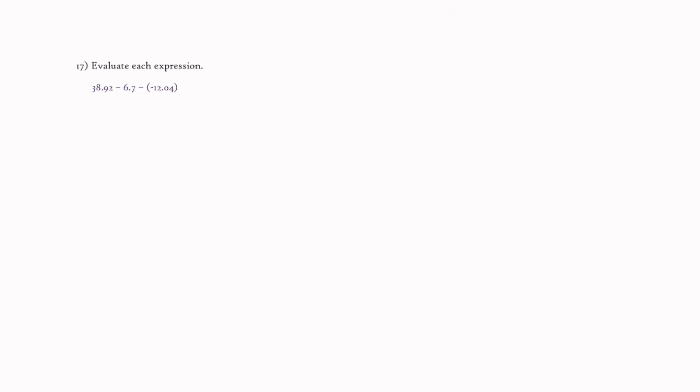The next. Now here we are solving this first. Minus times minus makes it plus. So we have 2 positive and 1 negative. So let's add 2 positives first. Plus 12.04, which is 6 here, 9 here, 0, 1, 5. That's 50.96.